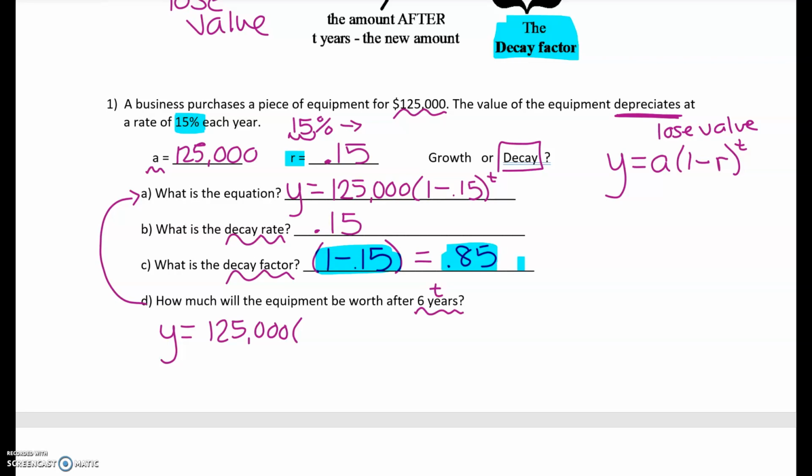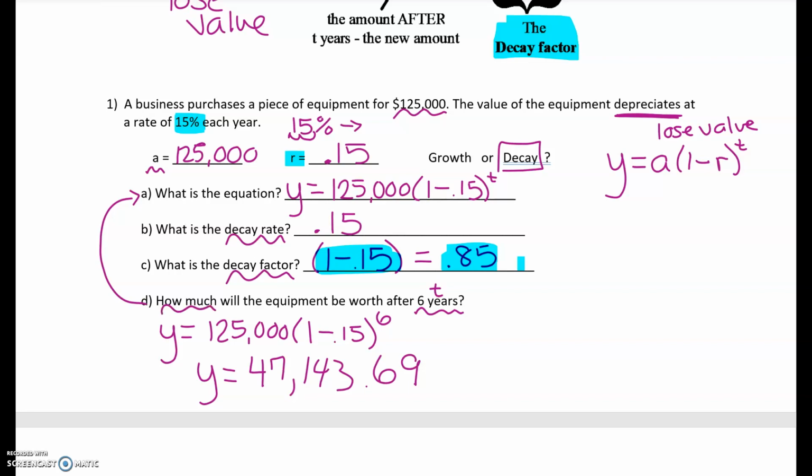It's your preference. I'm going to write it out like it would be in the whole equation. And my t is now going to be 6. Notice how the right-hand side doesn't have any variables, so you can type that right into your calculator, and it's going to give us 47,143.69. Now I'm rounding to 2 decimals because we are talking about the value, how much money that equipment is going to be worth.